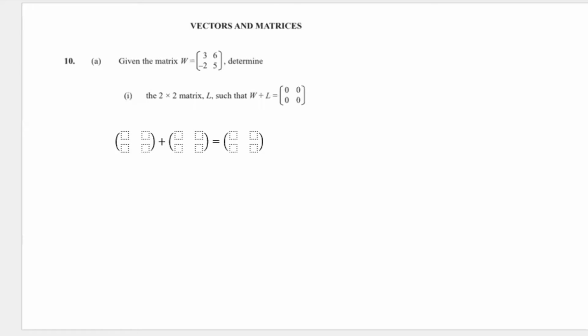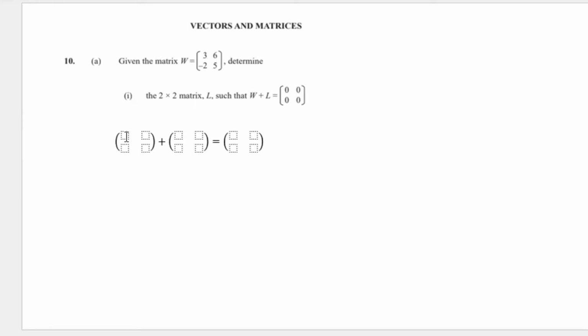Now, for the result to be 0, 0, it really meant that W was being multiplied by basically the negative version of itself. So basically, W itself was multiplied by negative 1, and it is the result from that that would be L, which would allow W plus L being 0, 0.